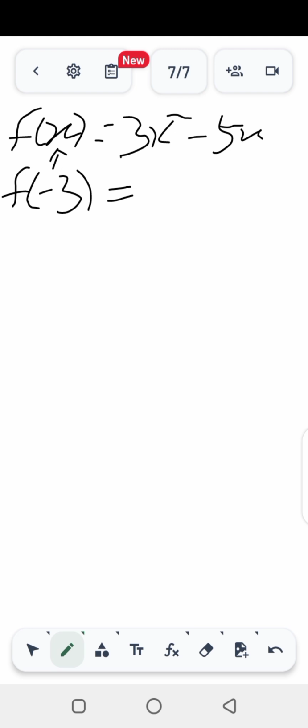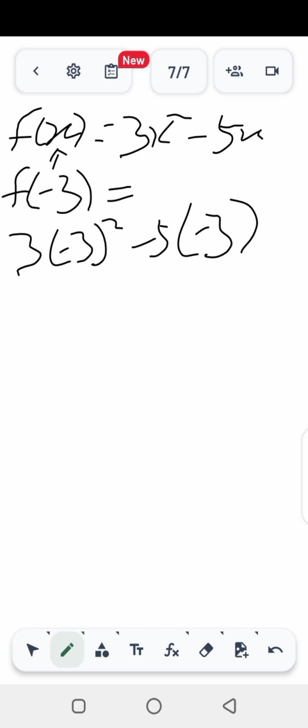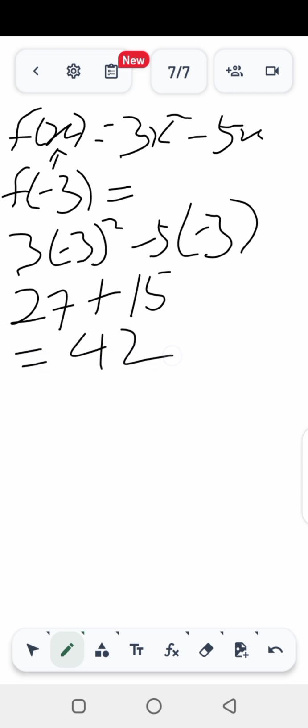So f of minus 3 is equal to 3 times (minus 3) all squared, minus 5 times minus 3. Now when you simplify, you have to be careful here. Minus 3 times minus 3 is positive 9, times 3 will give us 27. Minus 5 times minus 3 will give us positive 15. So when we add the two, we get 42. So f of minus 3 is 42.